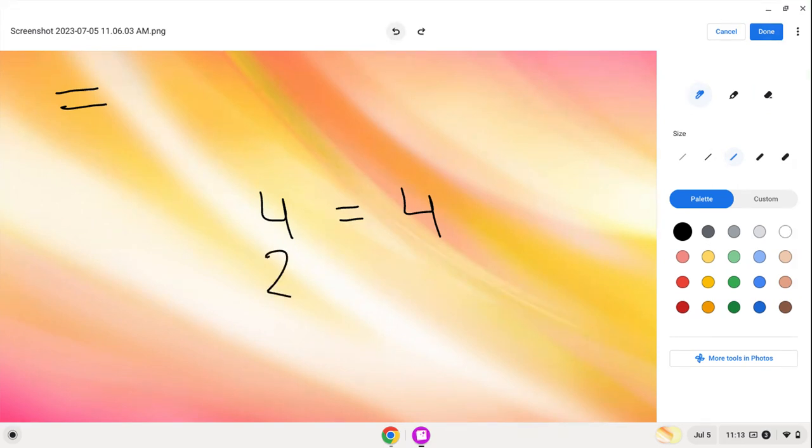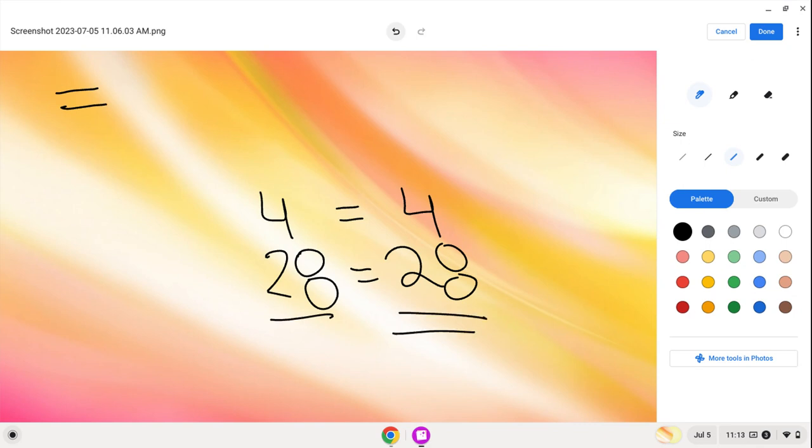Just like 28 and 28. They're equal. They're the exact same number. This one is not bigger than this one. They're completely equal. 16.5 and 16.5.